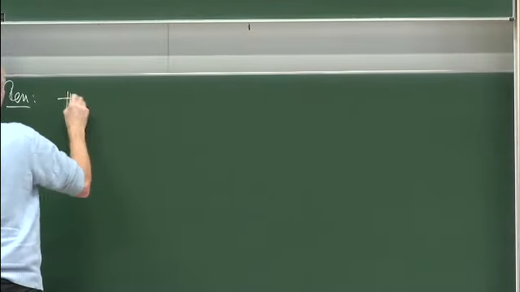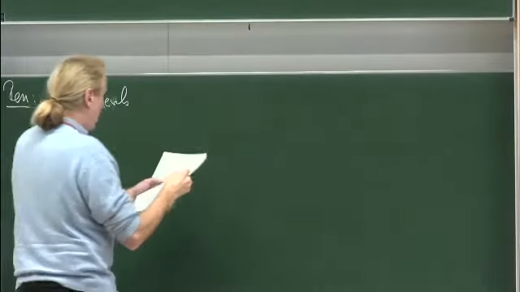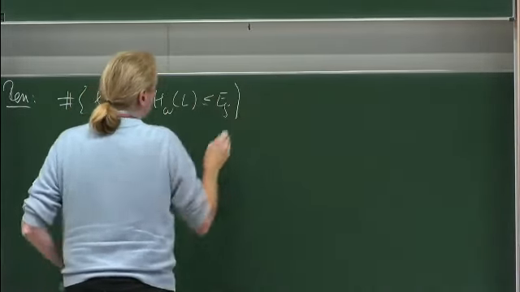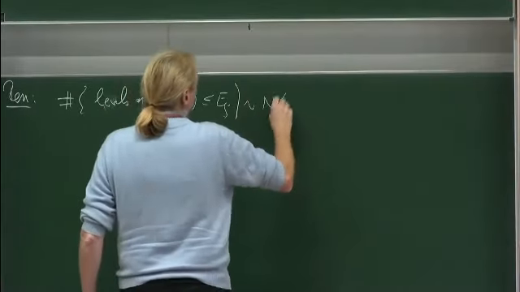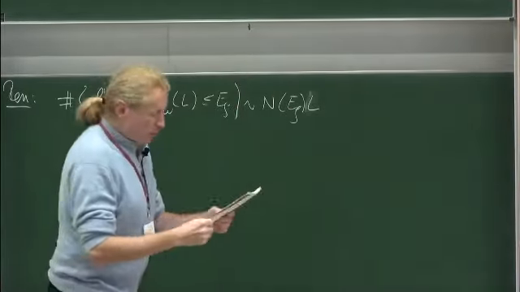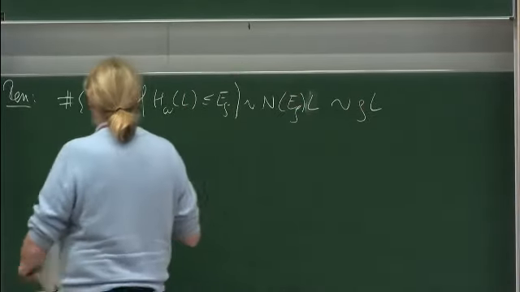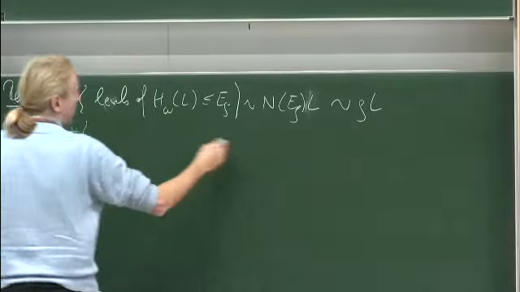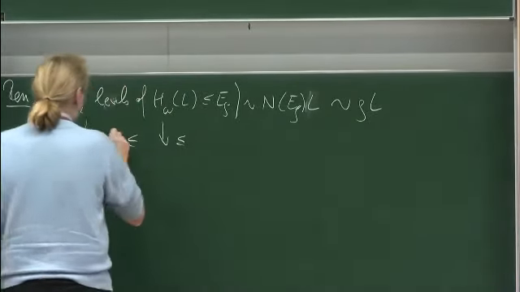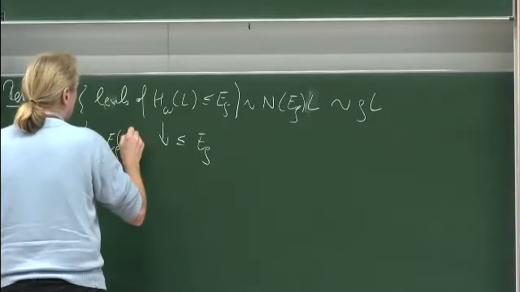If you look at the number of levels of the total Hamiltonian, meaning the direct sum, less than energy E rho, this is of course given by n of E rho L. And n of E rho is rho, so this is rho L. But you can also look at the number of levels of this Hamiltonian that are not only below E rho, but between E rho and E rho times 1 minus epsilon.